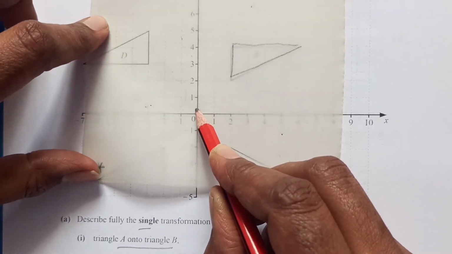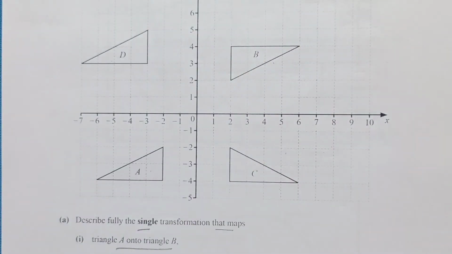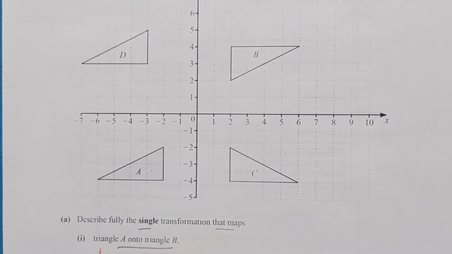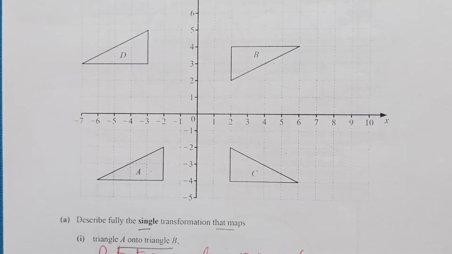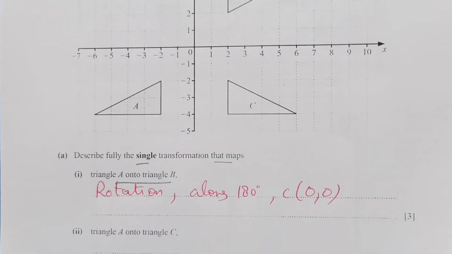So we have rotated it twice. So this is a rotation. It's 3 marks question, so we need to have 3 things there. It's rotation along 180 degrees, and at the center is, we rotated from here, it's 0 0, so the center is 0.